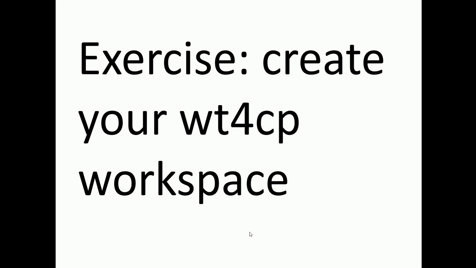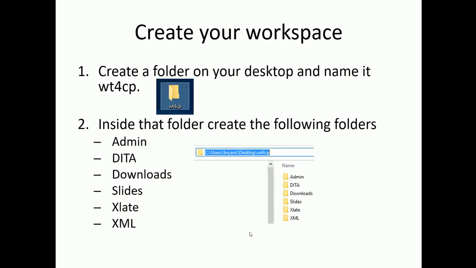Let's start this class right off with an exercise. We're going to create a Web Tools for Content Providers workspace. So the first step is that we're going to create a folder on our desktop and name it WT4CP. And inside that folder, we're going to create more folders. One for admin, data, downloads, slides, translate, and XML.